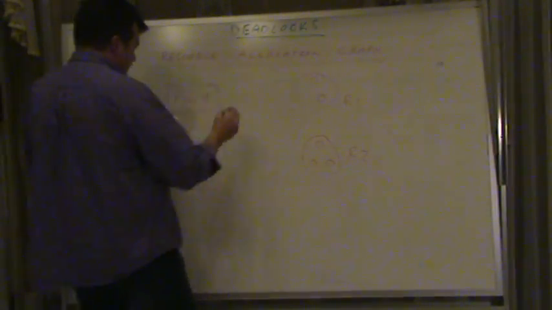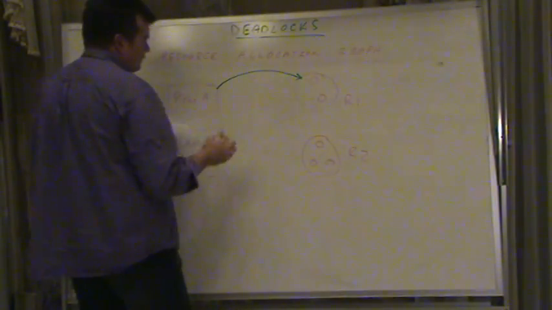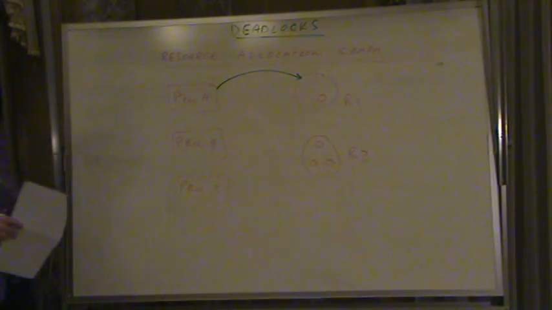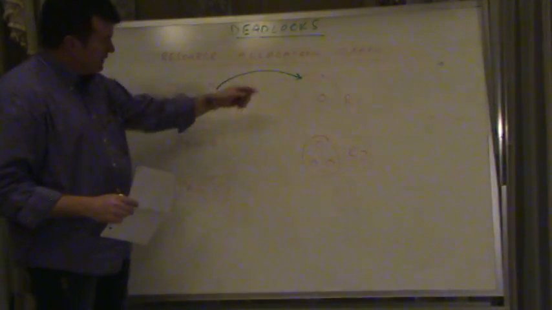We might find ourselves in a position where process A is requesting, so an arrow for a graph, remember from your graph theory or graph algorithms classes, this is a directed graph.